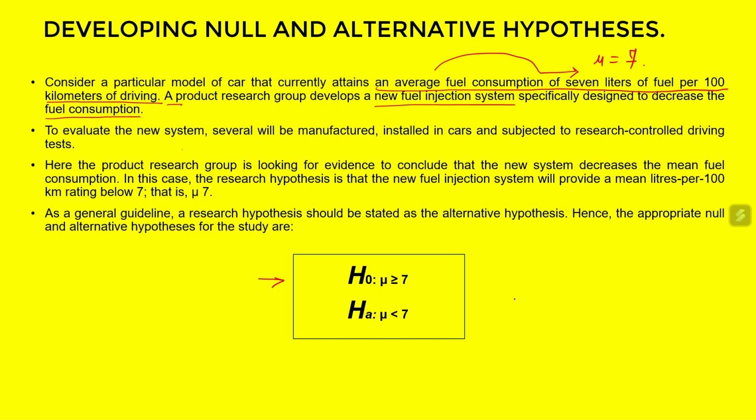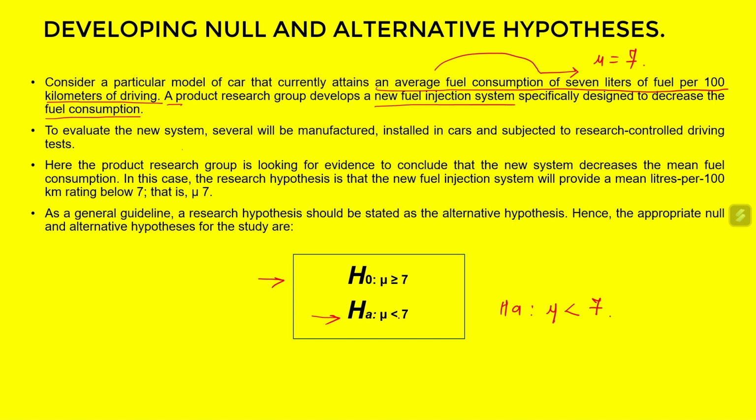So the product research group will come under the alternative hypothesis scenario where they have developed a new thing and they are claiming, or not claiming, but making an assumption that this new fuel injection system will help decrease the average, or specifically is designed to decrease the fuel consumption. So see, our alternative hypothesis is now formed.